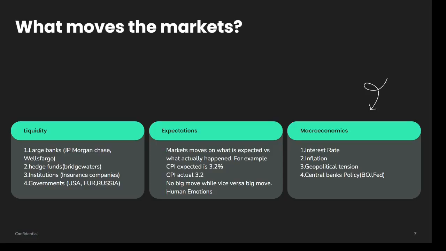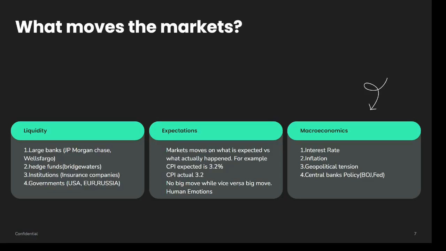Let's say they try to increase the rate so that investors from other countries can invest in their country. When people start investing, the country starts booming. But you have to find a balance, because when you do it too much, you might cause inflation. Inflation is when prices of commodities increase day by day.